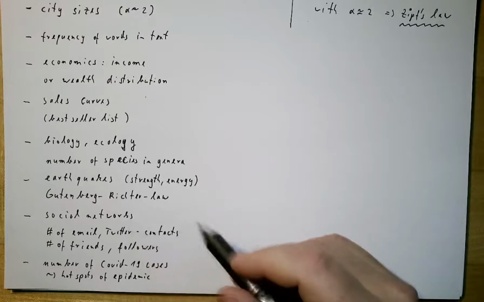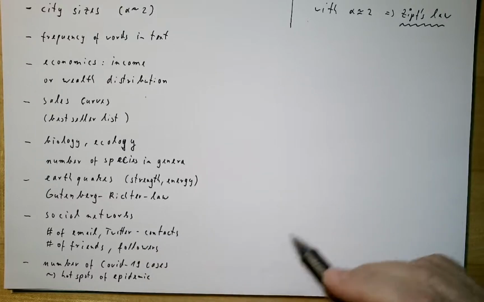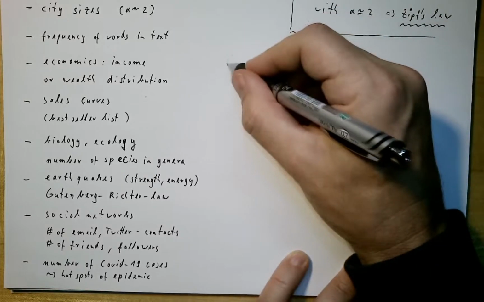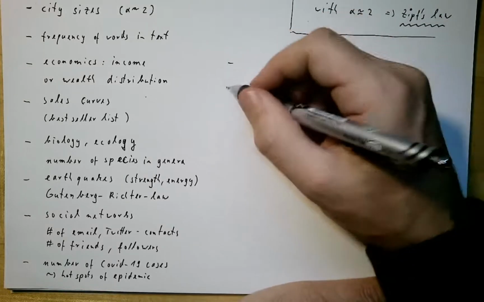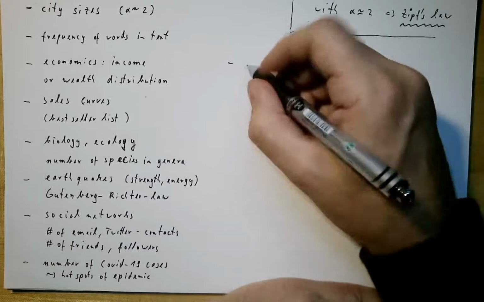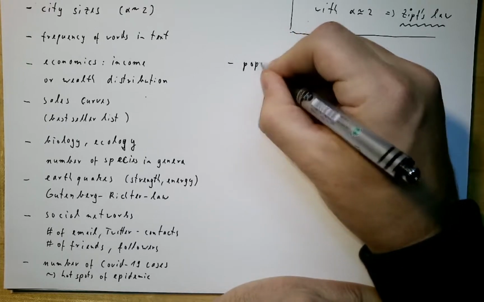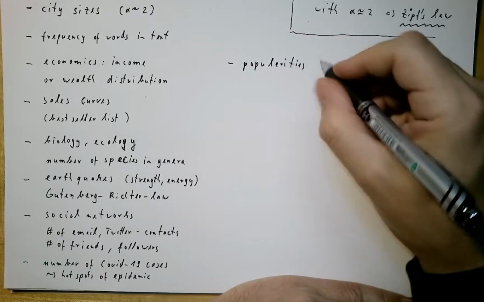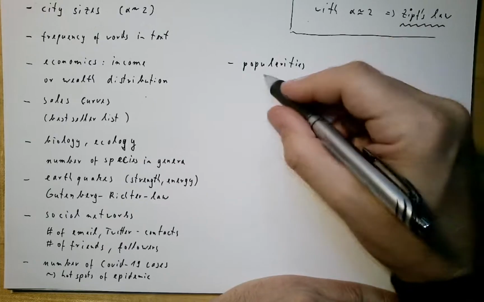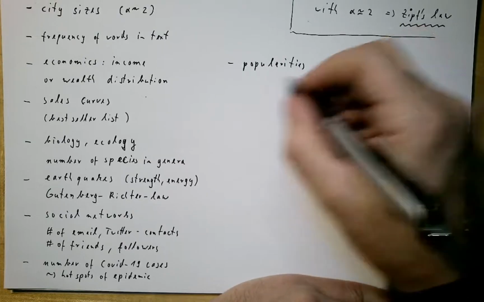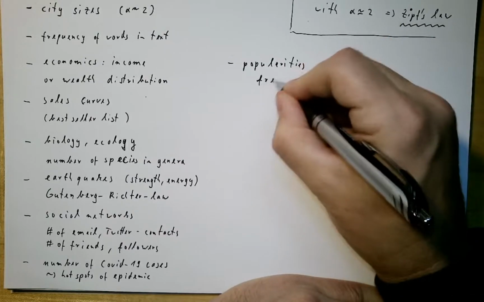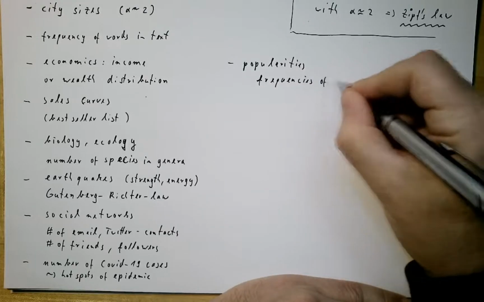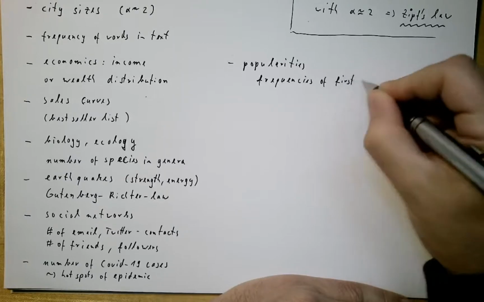Maybe to continue with the list, let me just continue because it's so nice. You can also look at popularities of choices, for example, the frequencies of first names.